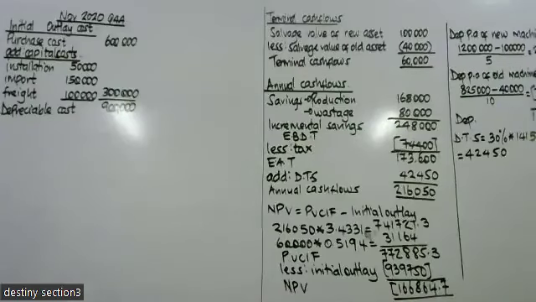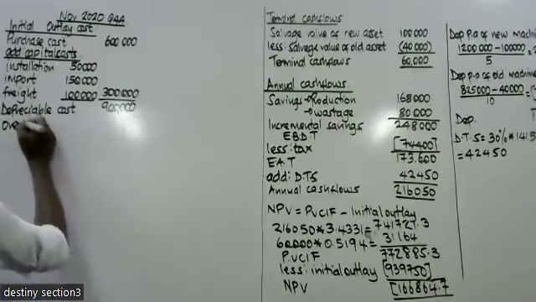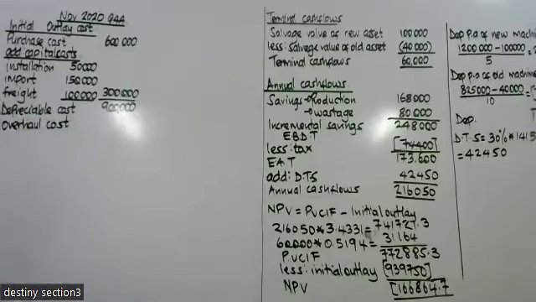They say the new machine shall require an overhaul at the end of the third year. We have a cost known as overhaul cost, the cost of overhauling that asset. This overhaul cost is incurred at the beginning of the third year, not the first year.